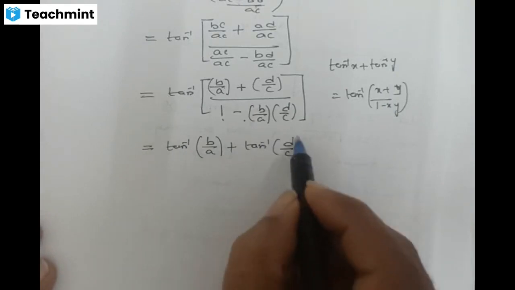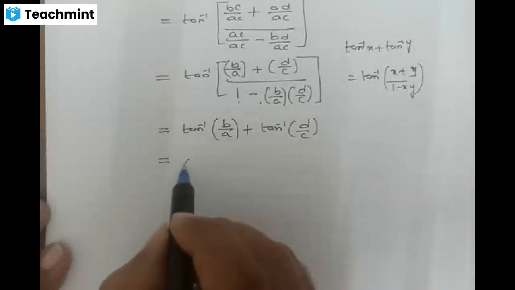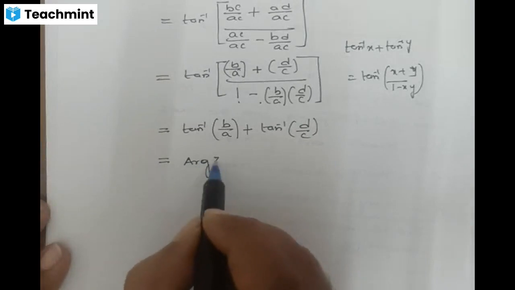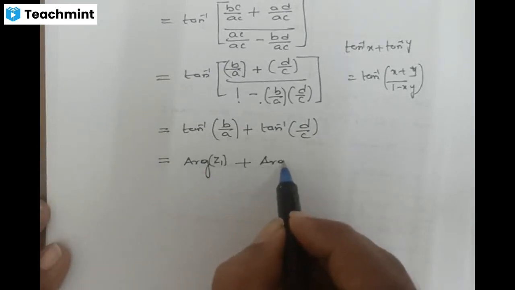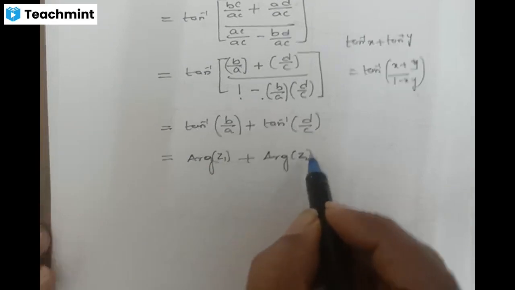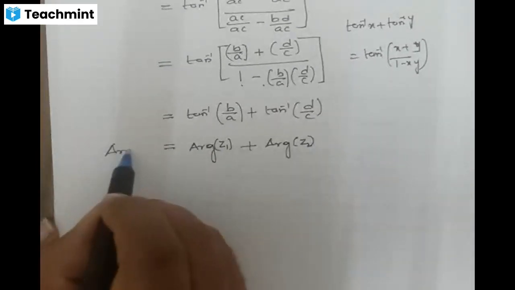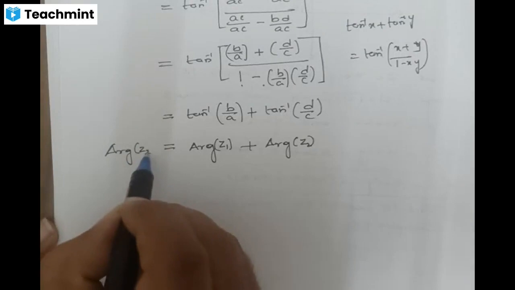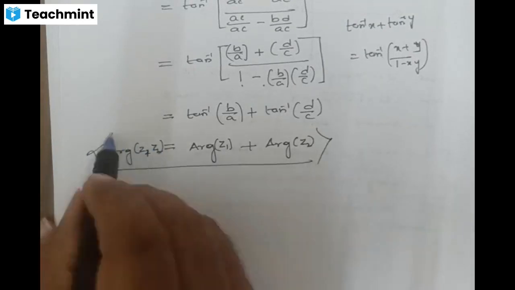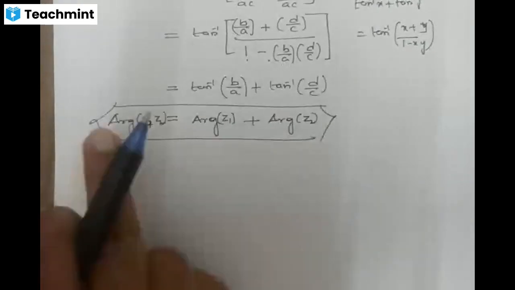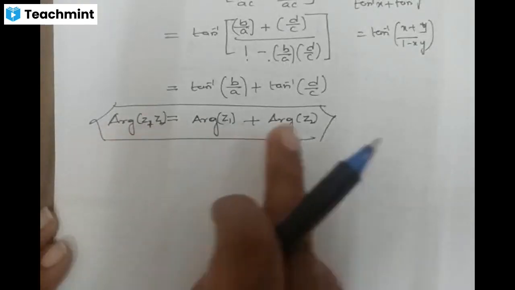What about tan inverse b by a? It is nothing but argument of z1. Tan inverse d by c means argument of z2. That means argument of z1 into z2 we can write as argument of z1 plus argument of z2, just like log mn is equal to log m plus log n.